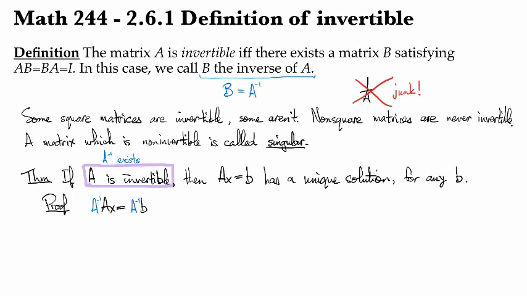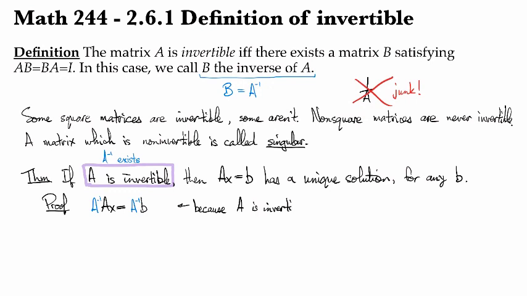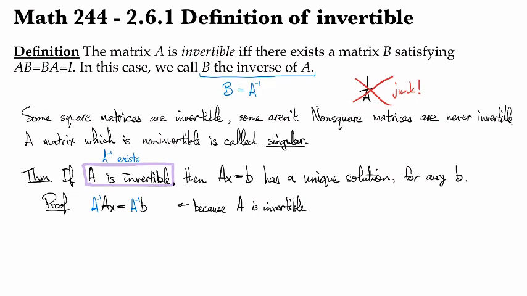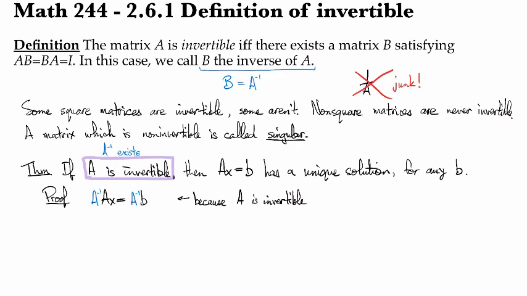And the reason why I can do this step is that A is invertible. So I like to do a step and then provide a reason that justifies that particular step. Now, we know that it doesn't matter what order we do the multiplication in, by the associativity property.